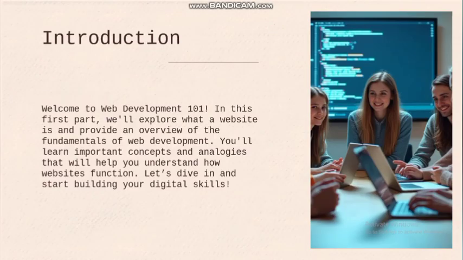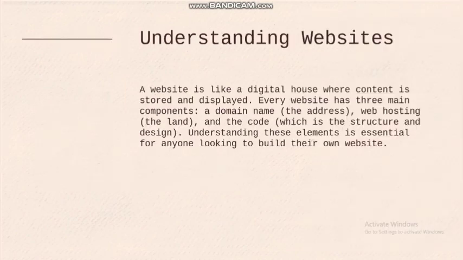So first of all, let's understand what a website is. A website is like a digital house. Let's take for instance your normal traditional house. So a website is a digital house where content is stored and displayed.